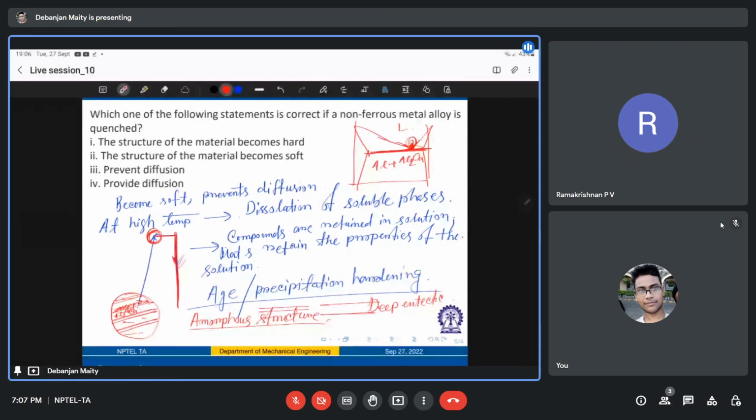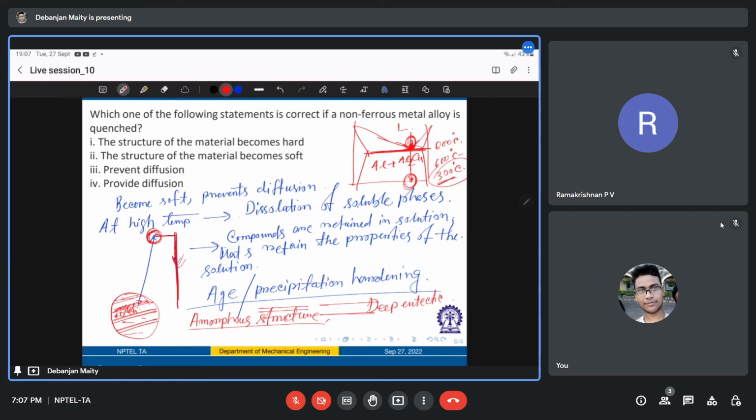You are somewhere at this temperature region, and if you are somehow able to cool it, let's say this is 600 degrees C, instantly from 600 to 300, the liquid property will be retained at 300 degrees C. If you see how glass forms, it is just because of rapid cooling.